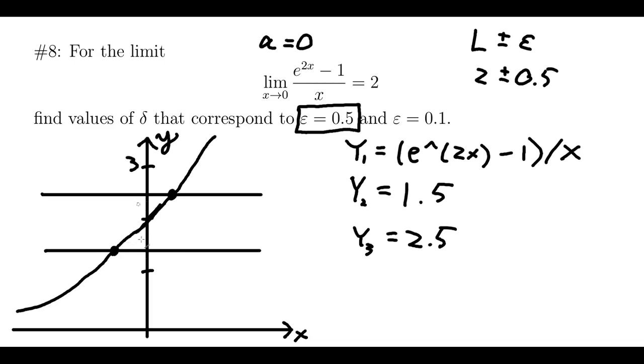Keep all of our function values within this error bound, this neighborhood centered on 2. Here's 2. We're going 2 plus epsilon and 2 minus epsilon. So we have this band here, this neighborhood. We want to keep everything inside of that. To do that, we will want to know the x values of those intersections.